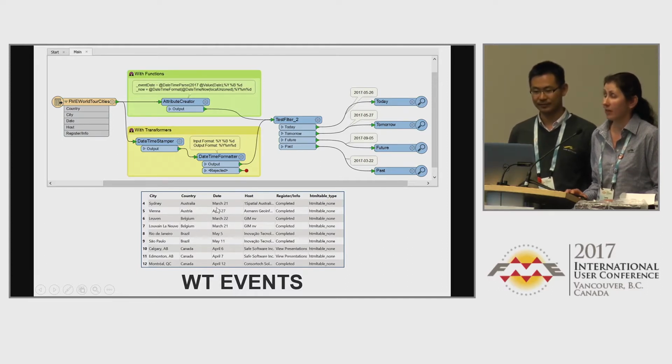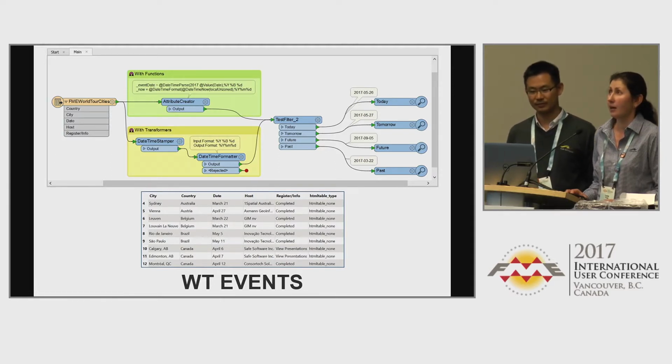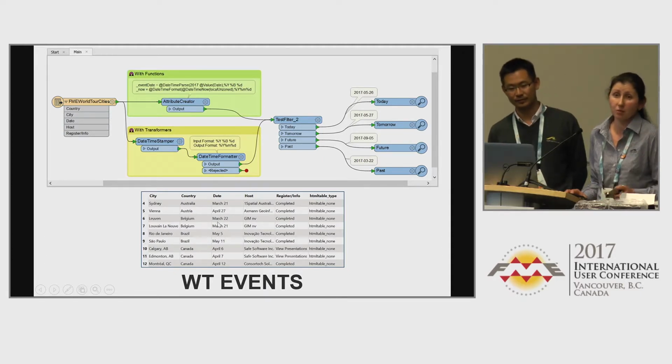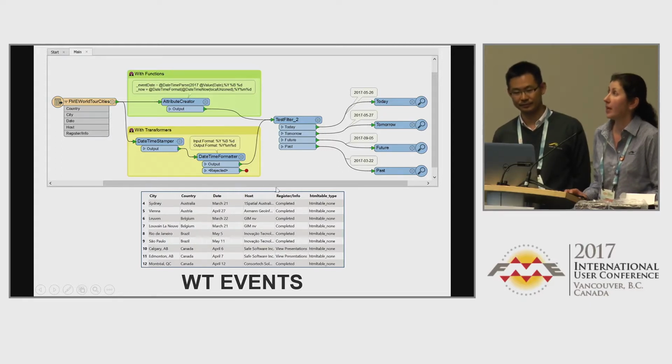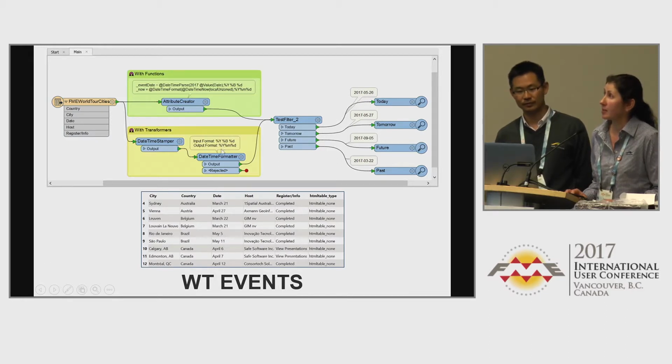We have dates that are not even close to the FME format datetime, and they are missing the year. We know, all of us in this room, that we are talking about 2017, but we didn't provide this information. So with either the DateTimeFormatter or with a function, we can turn these into proper dates. It's as easy as parsing them and appending the year to the date.